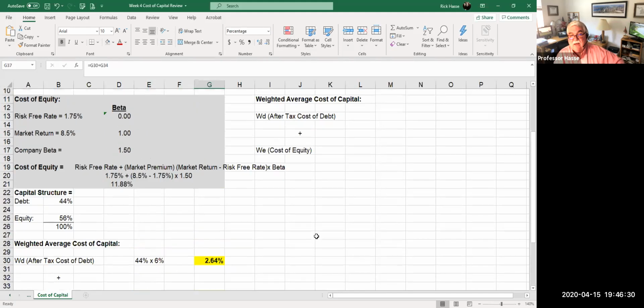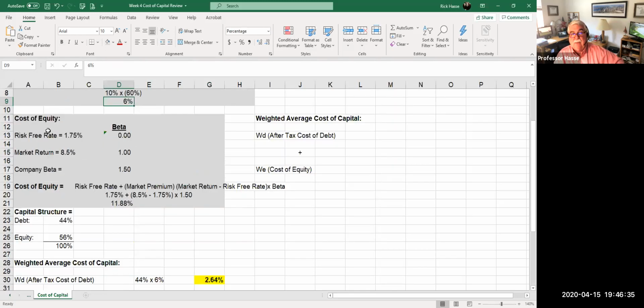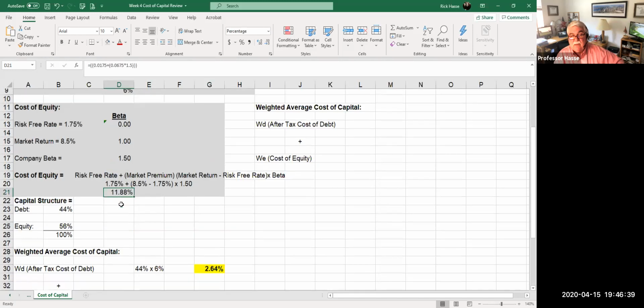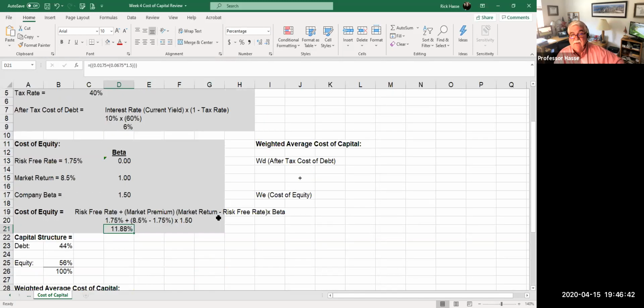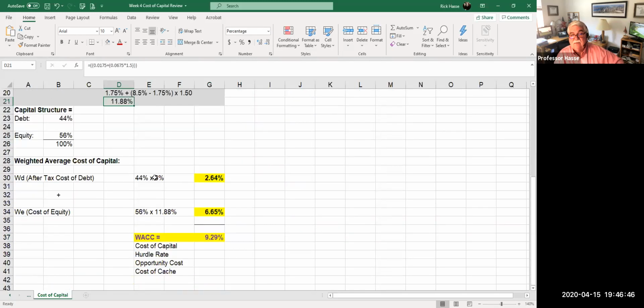And it's based on after-tax cost of debt, capital asset pricing model, cost of equity, required rate of return, the capital structure of the company, 44 and 56%, weight times cost, weight times cost, add them together, 9.29%.